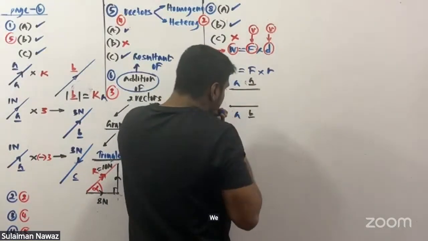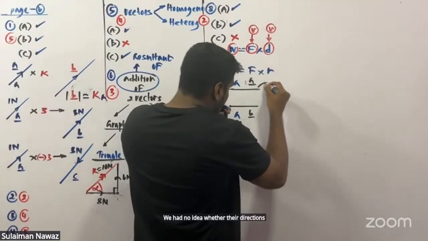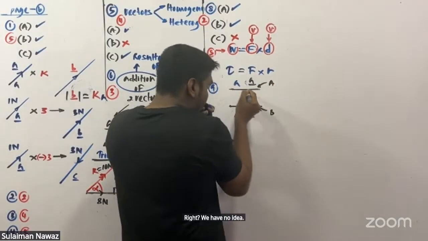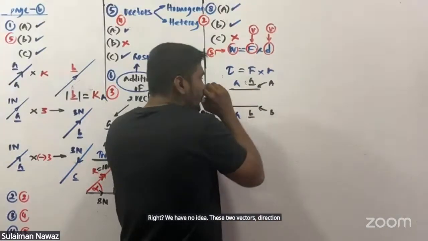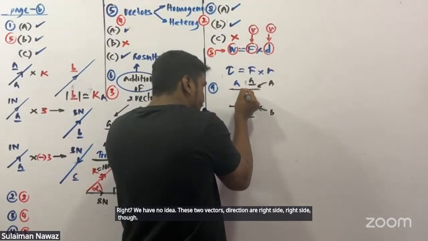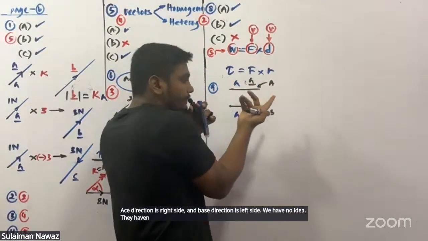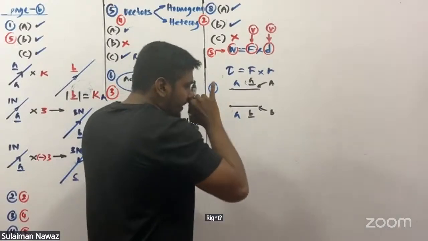We have no idea whether their directions are the same. Maybe both directions are right side, or A's direction is right side and B's direction is left side. We have no idea. They haven't given the data. Very clear.